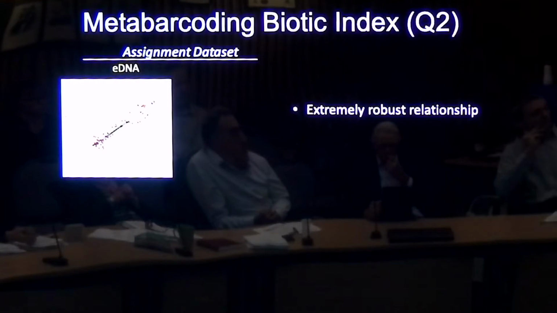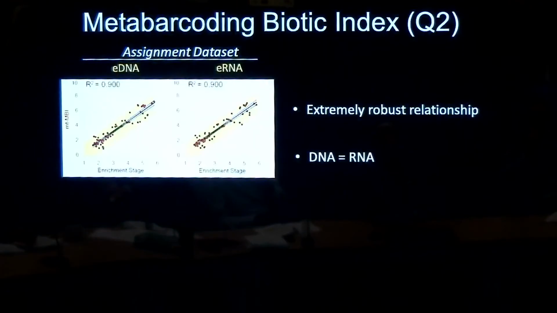Another observation was that we looked at 2 types of molecules in parallel. So from each sample, we extracted DNA and RNA. So let me just explain rapidly. DNA is the forming block of life. It's a very strong molecule that is used commonly in eDNA monitoring, but it can remain in the environment for weeks to months.